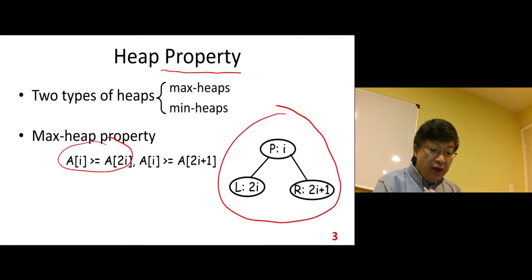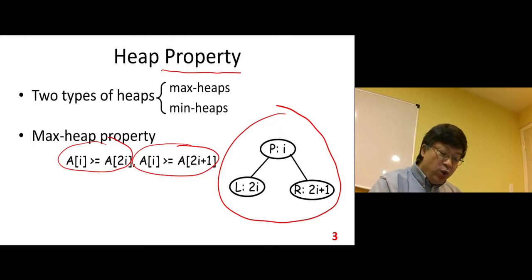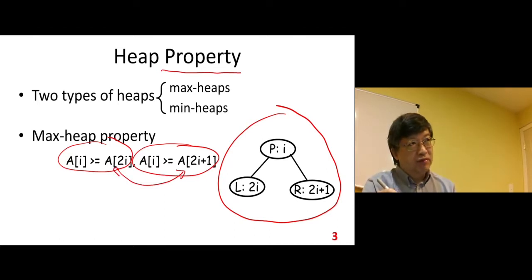The second inequality: the value at the root should be greater than or equal to the value of its right child. So that's the max heap property. But here, between the left and right child, we do not specify which one is larger, which one is smaller. So either case is fine. Left child has a larger value or right child has a larger value, both okay.